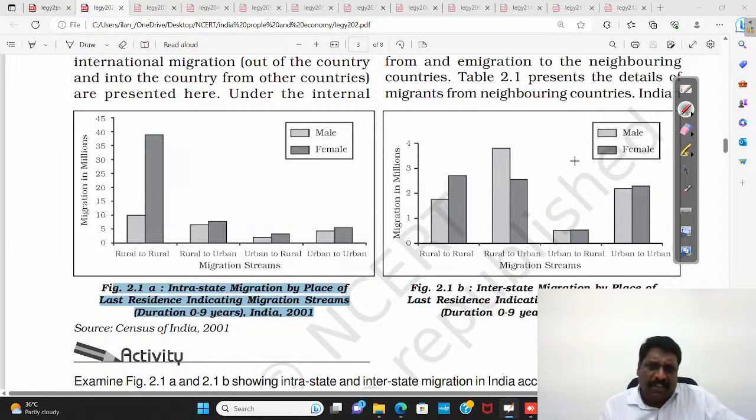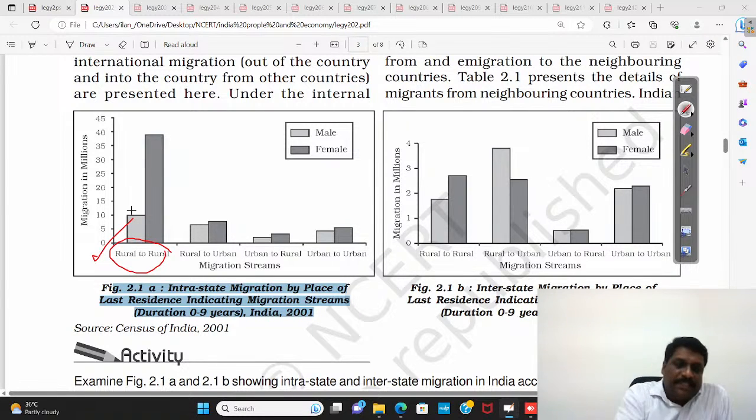Now, among them, interstate, intrastate, everything you take. Particularly when I talk about rural to rural migration, it is higher. Rural to rural means within the sector, and it is higher. And what is very important: normally we have laws of migration, and any law of migration says male will migrate more, female will migrate less. But very interestingly, when I talk about Indian migration as a pattern, female migrates more.